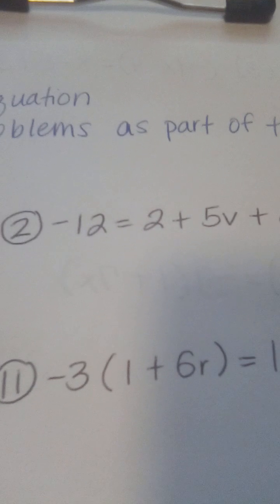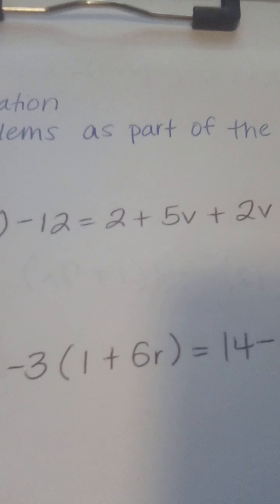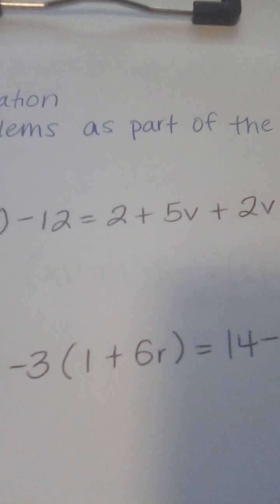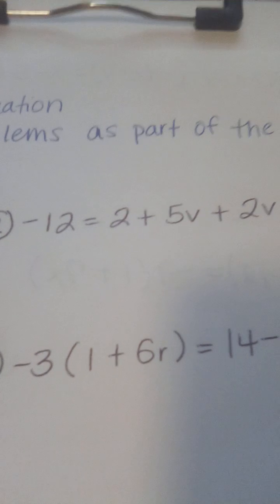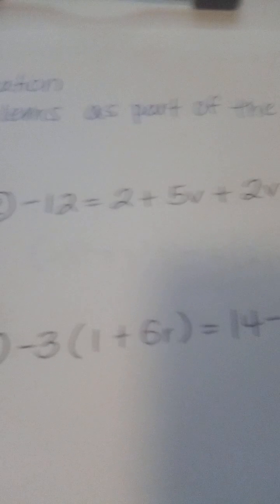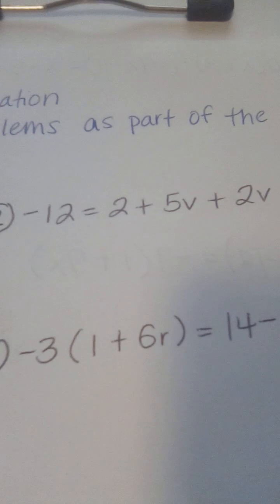Okay. Let's go to number 2. Here we have negative 12 equals 2 plus 5v plus 2v. All right, the very first thing we need to do is combine like terms, right? Which numbers? The 5v plus 2v.